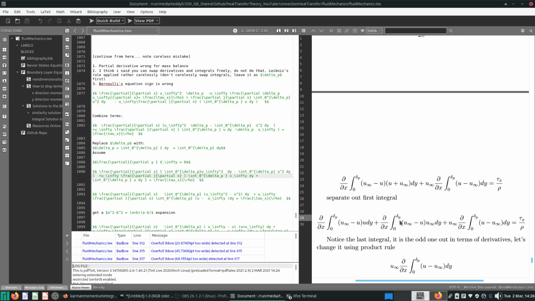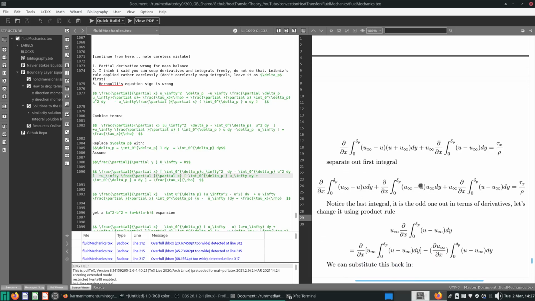We separate both these integrals out. So this whole term is decomposed into this term on the left plus this term on the right. The rightmost term, tau x over rho, is not touched at all.